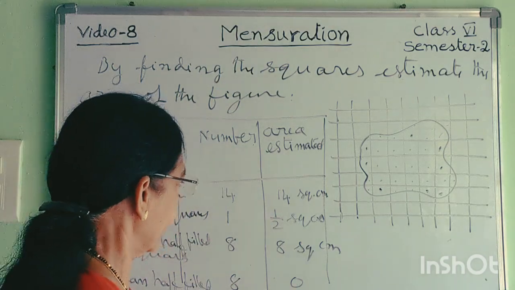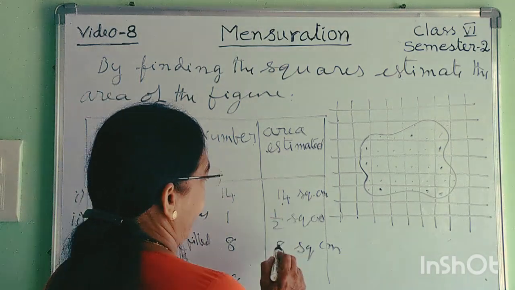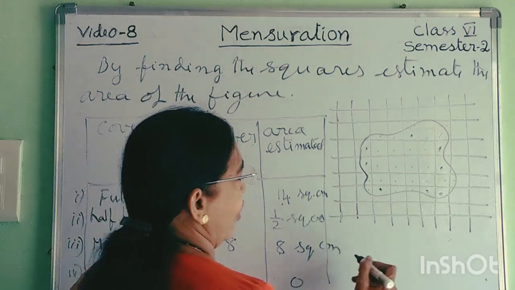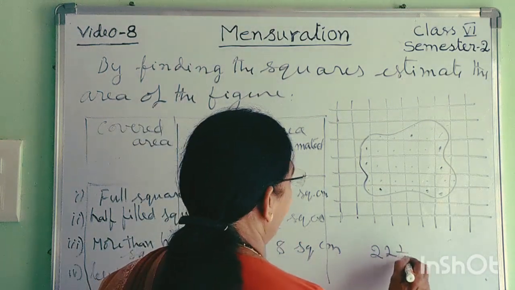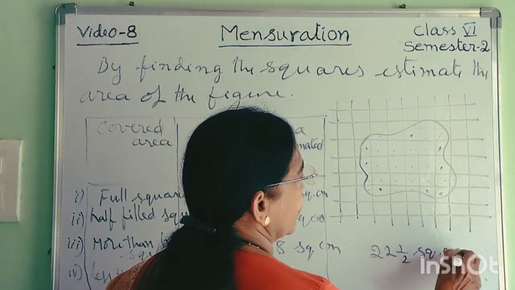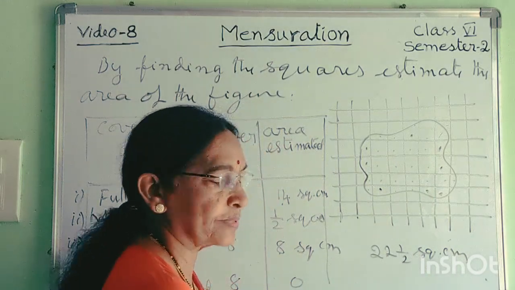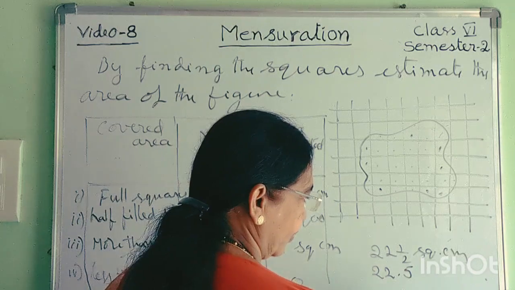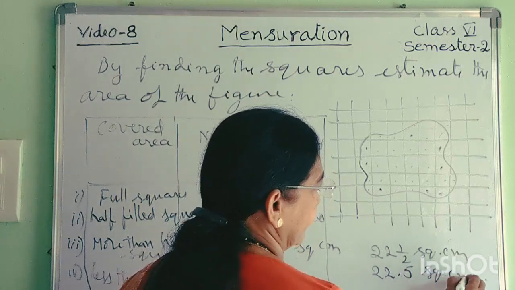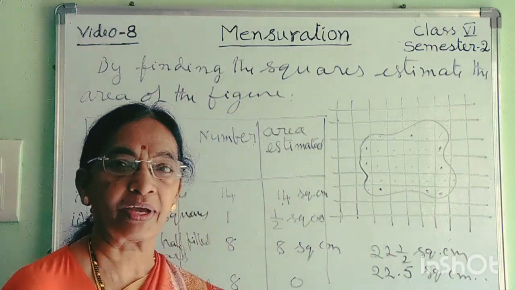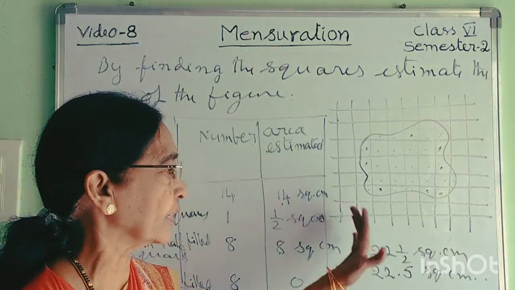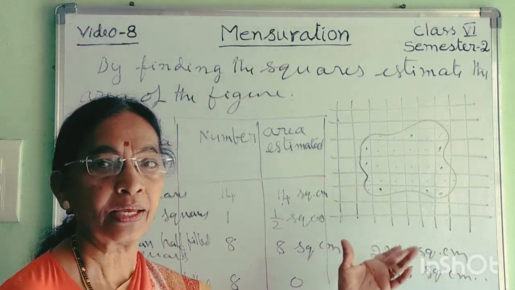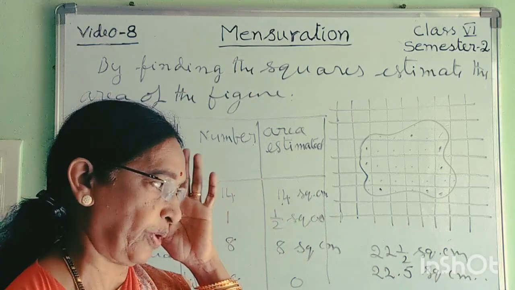Therefore, the total area is 14 plus 8, 22 and a half, or we can write it as 22.5 square centimeters. This is the area estimated by keeping it on a graph paper.